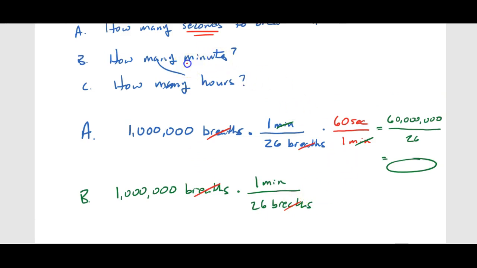Now question B is asking for how many minutes. That's the only unit I have left. So I'm actually just about done here. Divide by 26, and you'll get an answer.